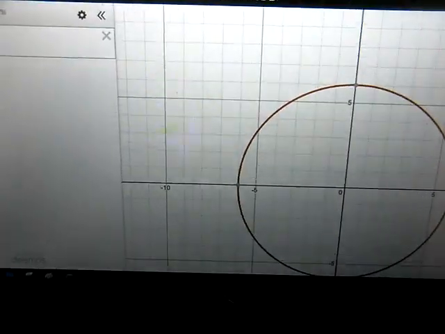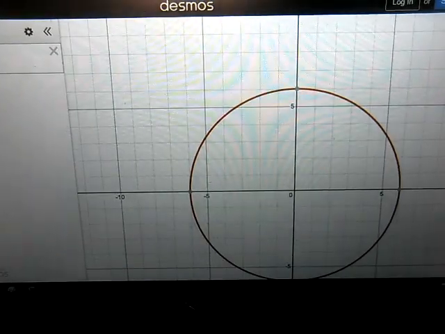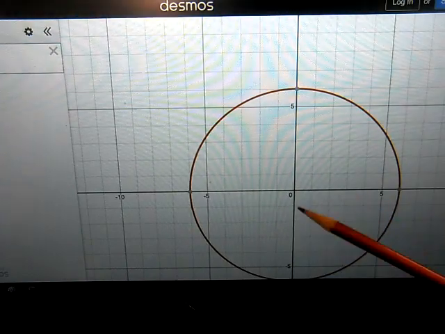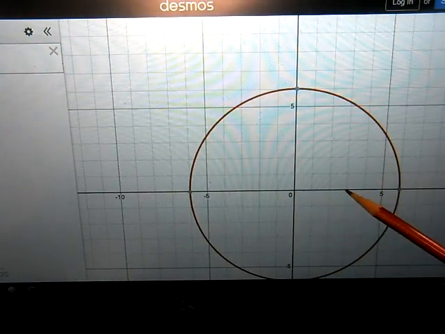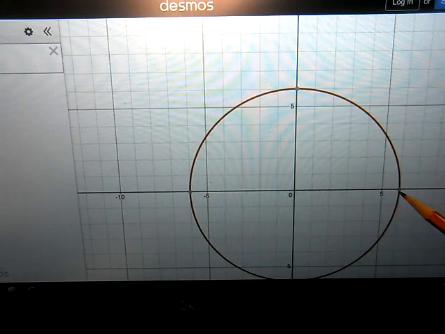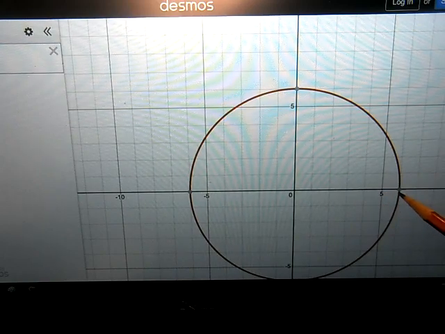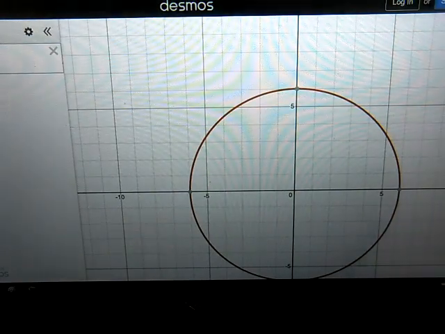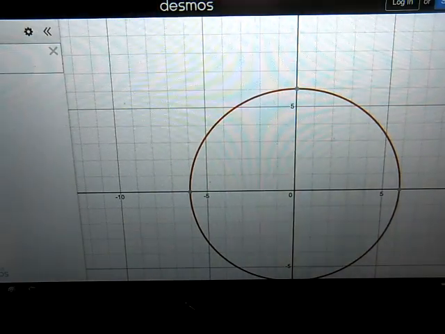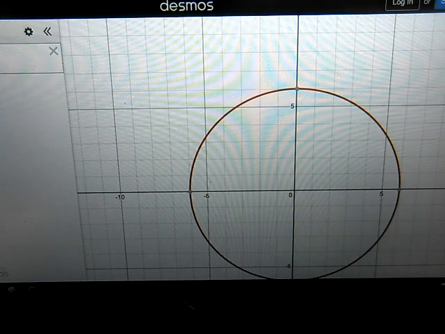And that would be our circle. It has a center point at the origin, and it has a radius of 6 units. So you can type these equations into Desmos. It is possible to type them into a graphing calculator. It's a little bit more complicated because a graphing calculator is only y equals.